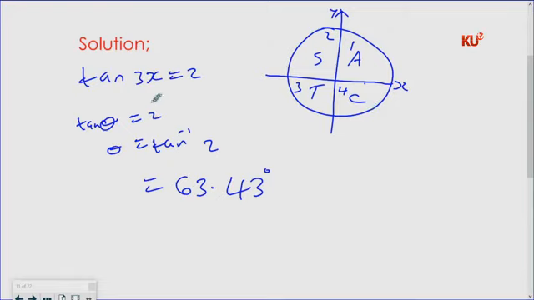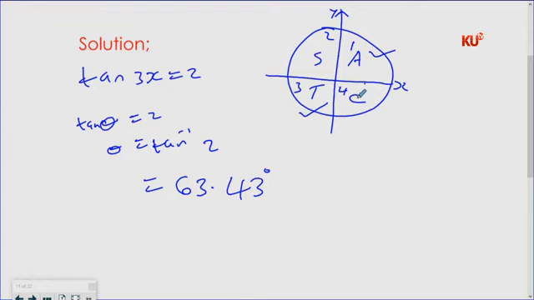So we are dealing with the tan. Our 2 here is positive. In which quadrants will you get tans of angles that will give us positive values? We have the first quadrant and the third quadrant. If we were to take the second quadrant, it will give us negative.